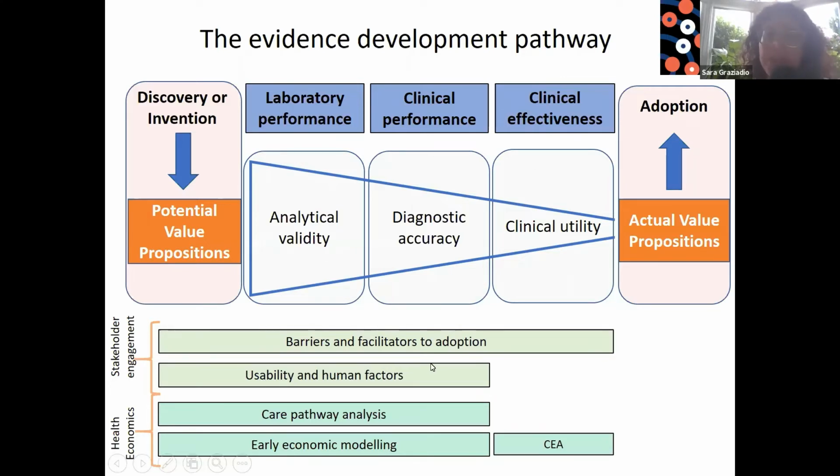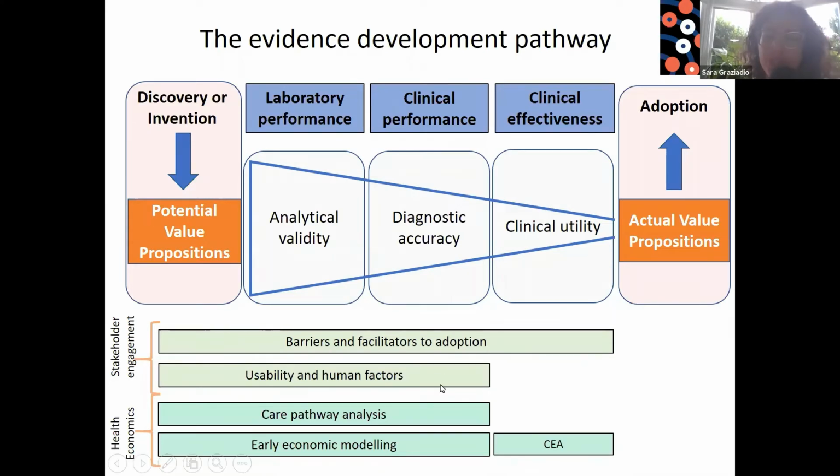Facilitators, for example, could be champions who promote your test with clinicians. There could be factors that seem to be a strong selling point for your test that perhaps you didn't think about. This can come, for example, from clinicians who see your test in a different light from what you see it.